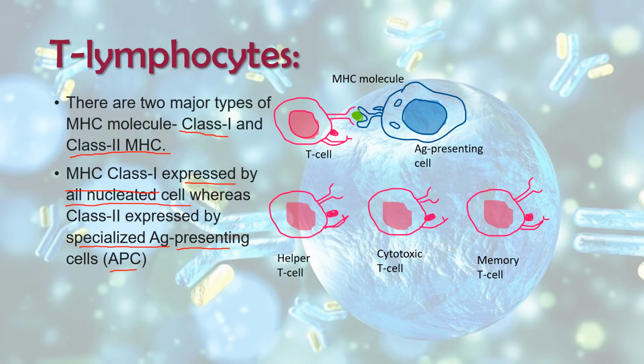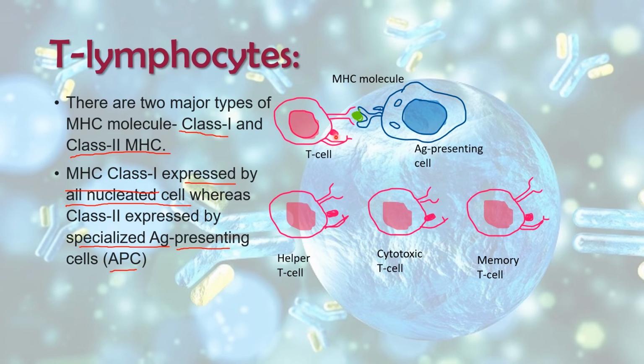Suppose this is our T cell. This particular surface marker is known as TCR. This is the T cell receptor, which is going to interact with the antigen which has previously bound to the MHC molecule. These two are CD molecules, that means cluster of differentiation.